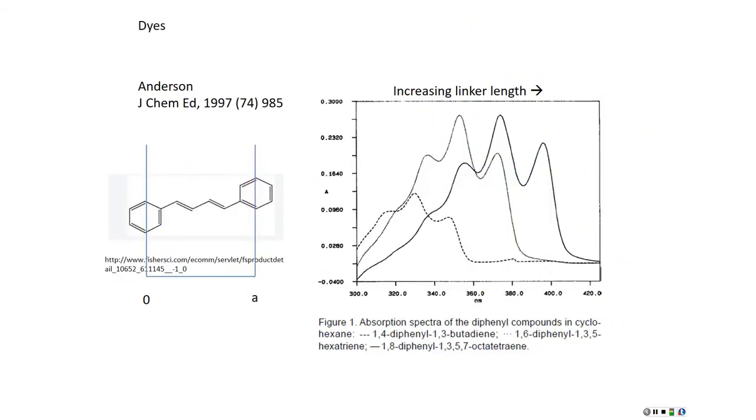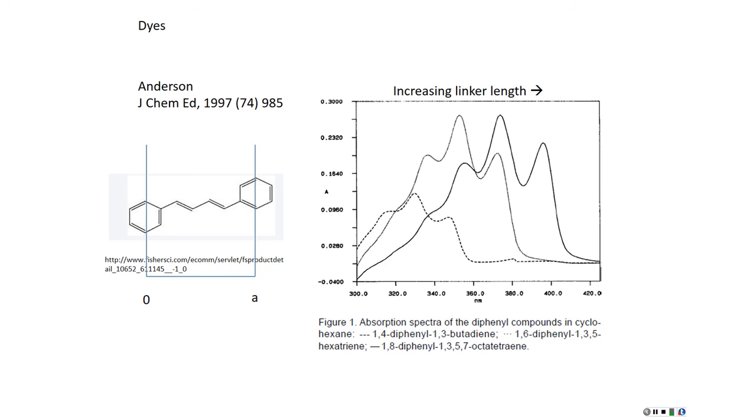You can also see this a little bit less clearly, but experimentally more tractable, by looking at the absorption spectra of conjugated systems. So this is some diphenylpolyenes. So you have benzene groups on the end and just double bonds in between.